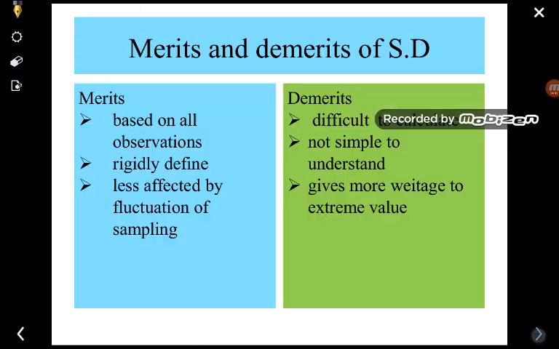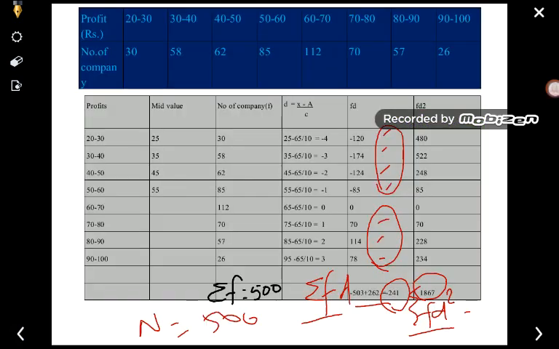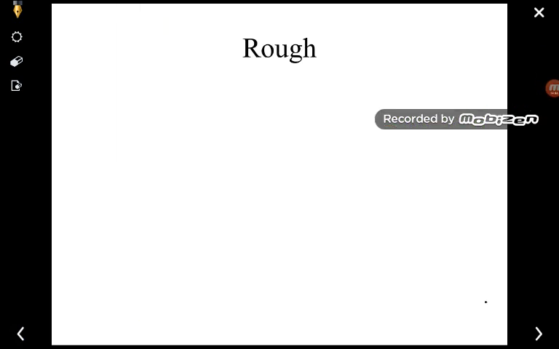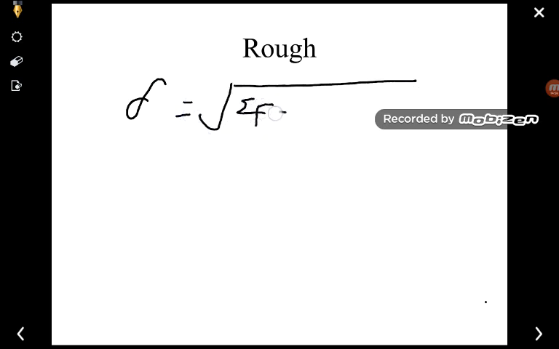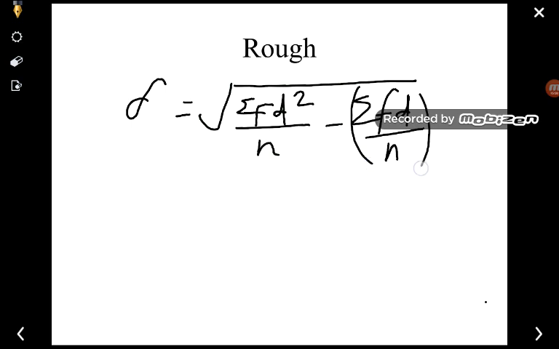Now applying the formula, the shortcut method, we know that sigma is equal to square root of summation of fd square divided by n minus the summation of fd by n, the whole square, into c. C is the class width.